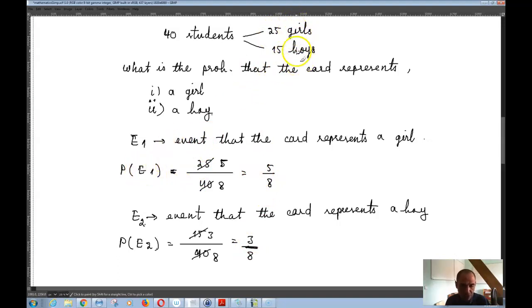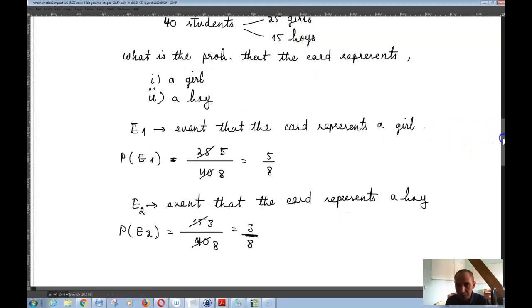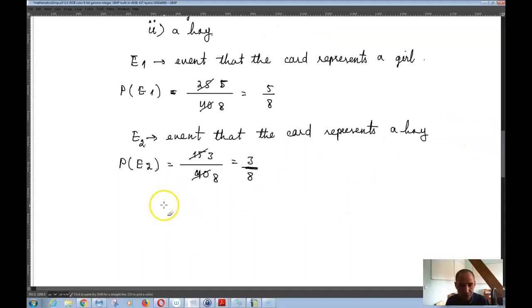You could say that these are also complementary, because the event that the card represents a girl, and the event that the card represents not a girl, that would be a boy.